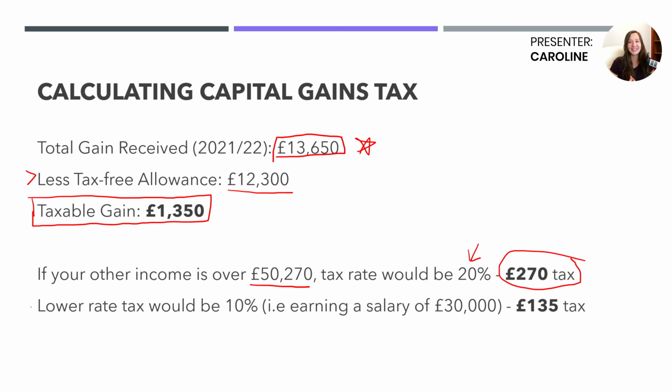In the lower rate tax thresholds, if your salary, for example, was just £30,000 for the year and you had no other income, the capital gains tax in this case would be 10% instead. So the total tax would be £135. And again, not a bad deal. Both of them aren't ridiculously crazy, but obviously in this particular example, most of the gain has been taken up by the tax-free allowance, so it makes it overall very tax efficient to receive capital gains of this value.